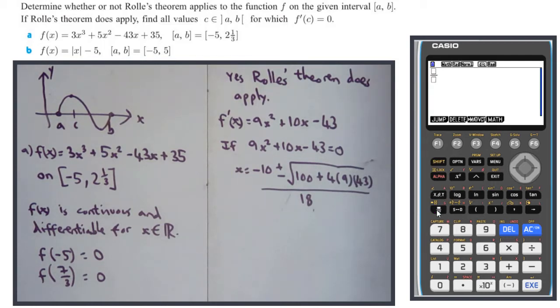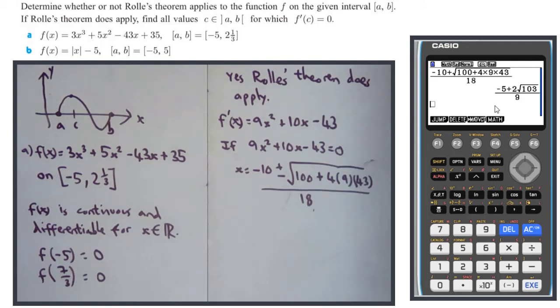So if we go to our calculator there, we're going to have minus 10 plus the square root of 100 plus 4 times 9 times 43, all over 18.